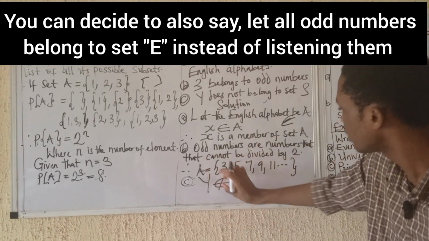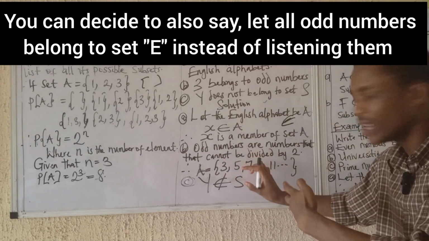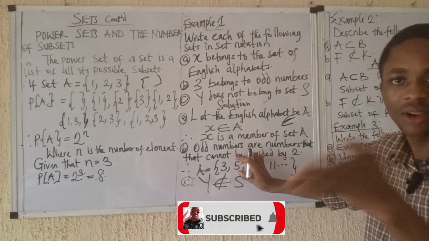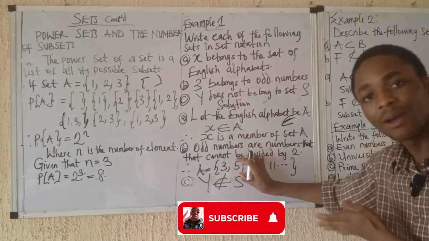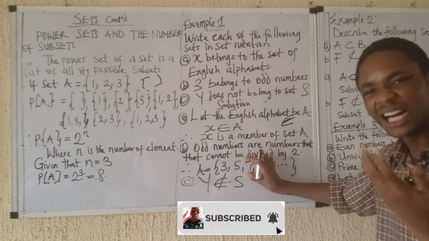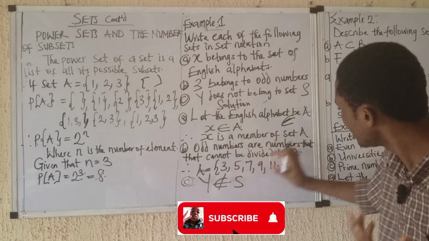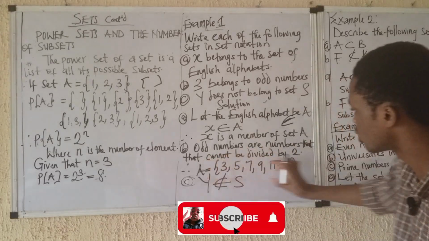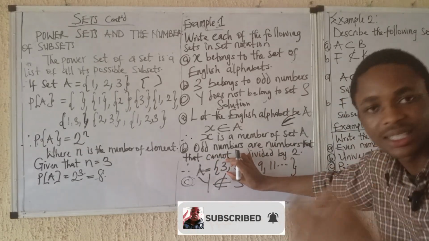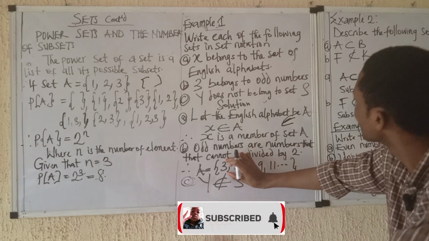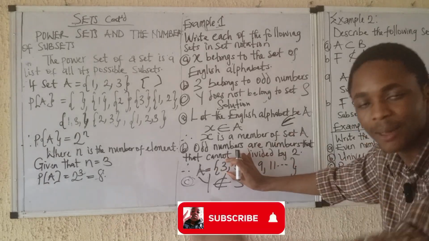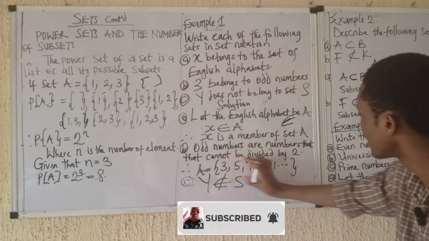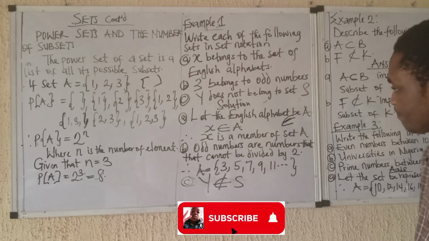After 3, the next number is 4, which can be divided by 2. 5 is odd, 6 can be divided by 2, then 7, 8, 9, etc. So this is the answer: 3 is a member of odd numbers.